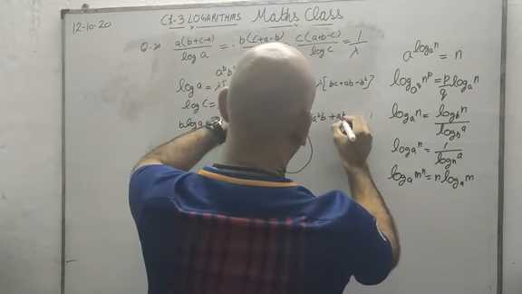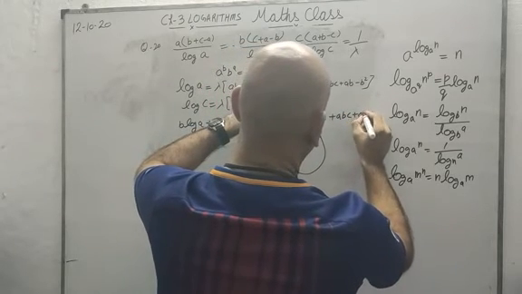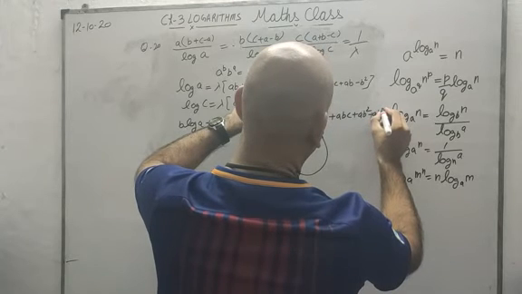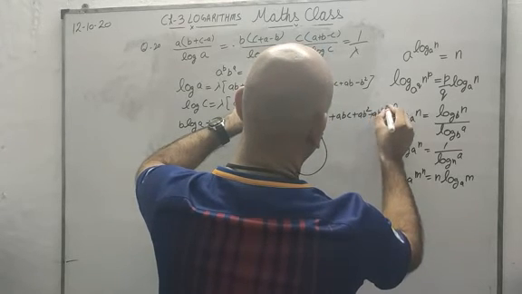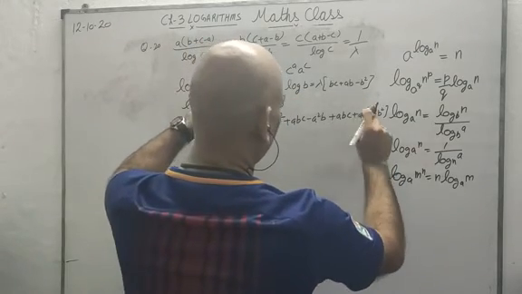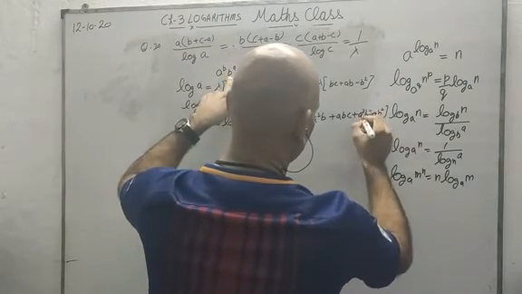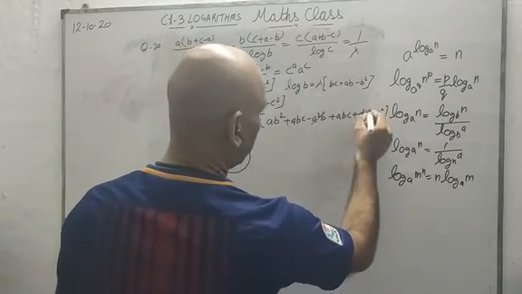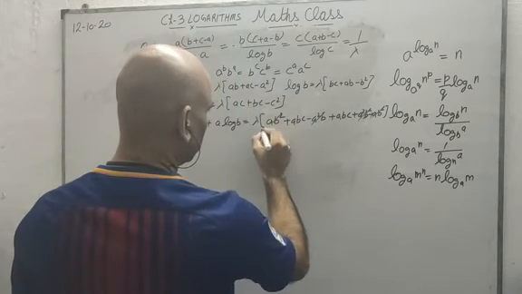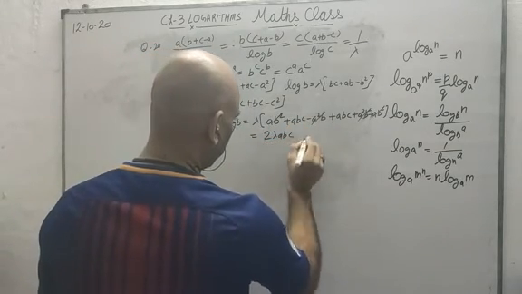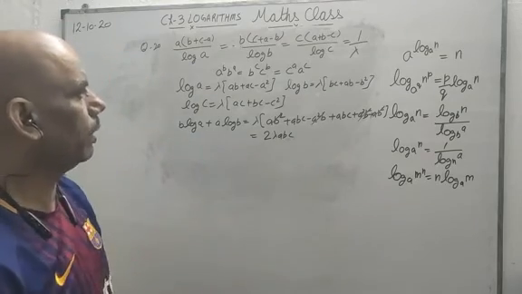So it is abc plus ab square minus a square b. It should be a square. Now you can see that a square b is cancelled here and ab square is cancelled here. ABC and ABC, so 2 lambda ABC. I am getting the value of this as 2 lambda ABC.